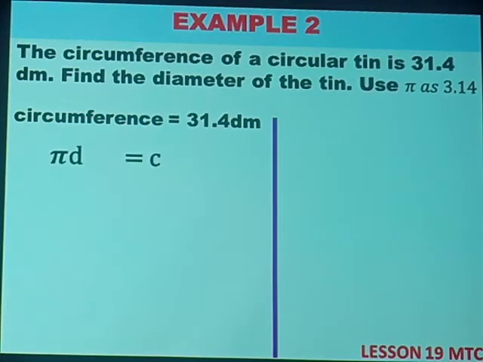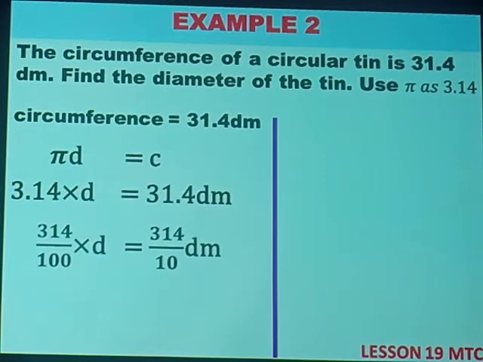We state the formula, which is pi d is equal to circumference. In our next step, we carry out the substitution. We replace pi with 3.14 times the diameter being equal to the circumference, which is 31.4 decimeters.